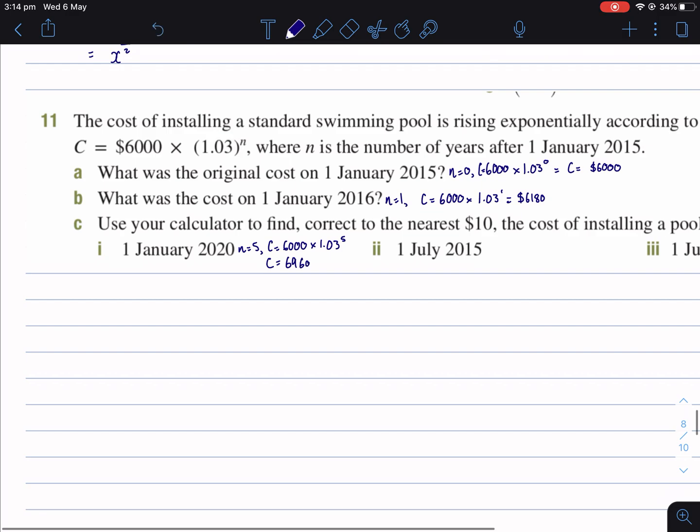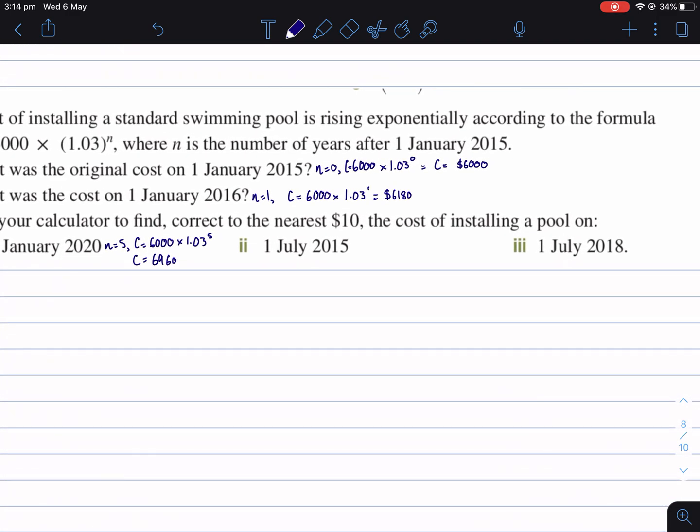Okay. 1st of July, so that's n equals a half. So C equals 6,000 times 1.03 to the... It's going to be easy to put in our calculators as 0.5.